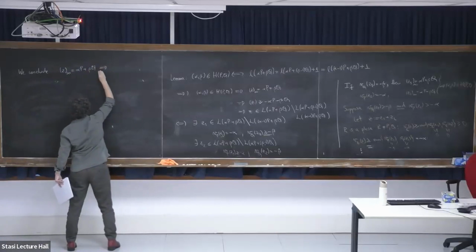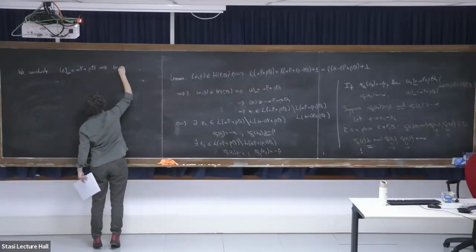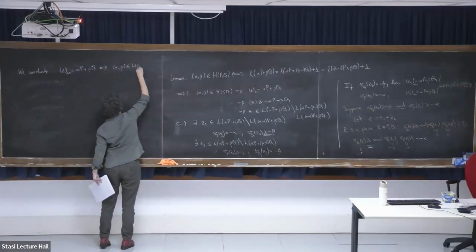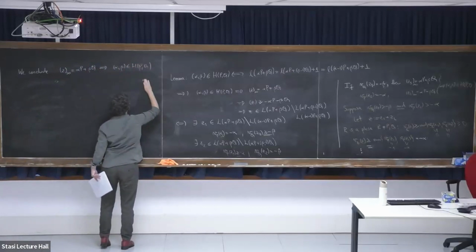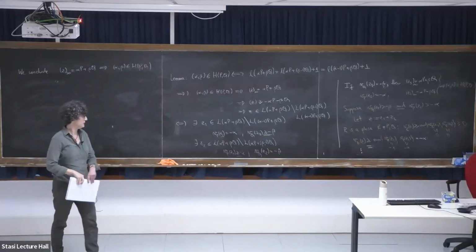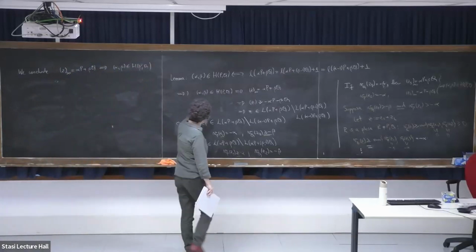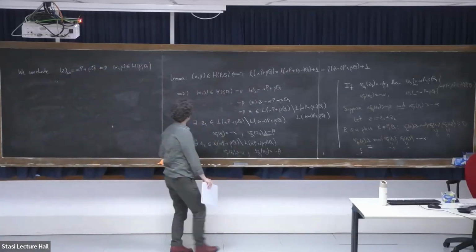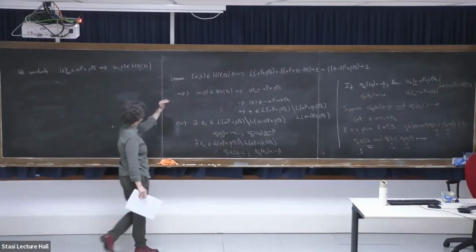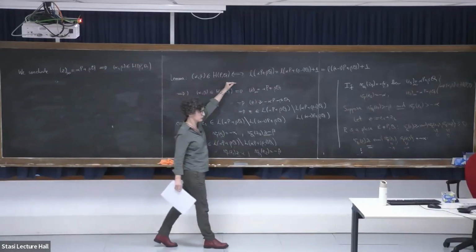And this implies that, well, this guy. So this is the condition to being in the Weierstrass semigroup at 2 points.